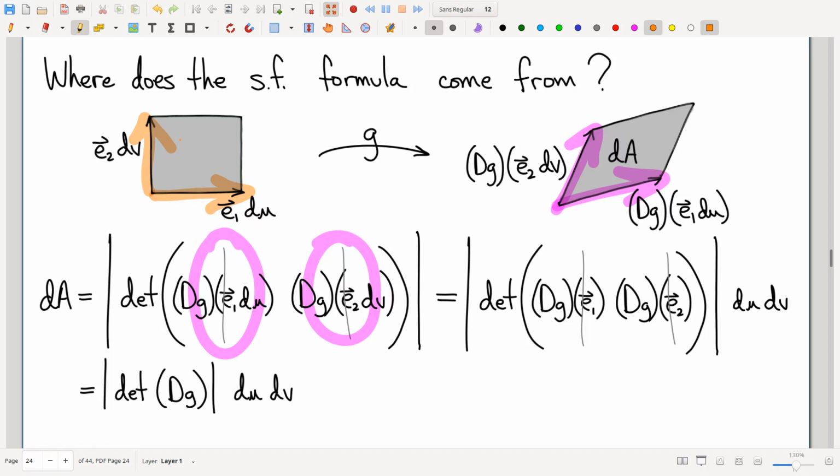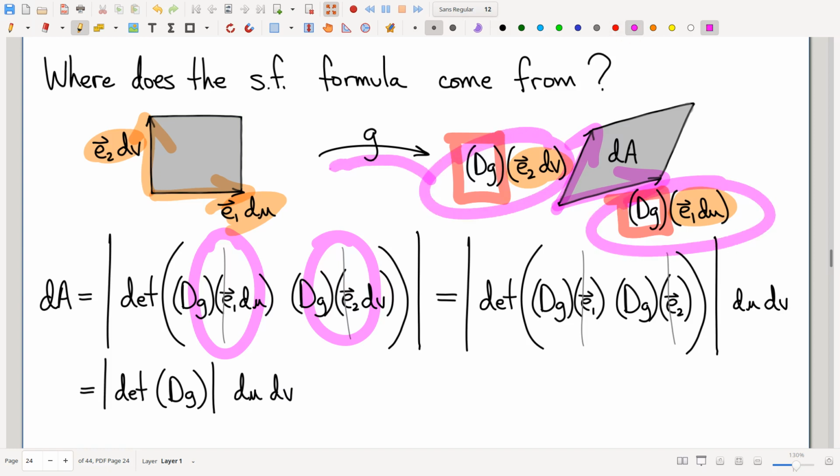I turn input changes into output changes by multiplying by the derivative matrix. This dg, the derivative matrix, is what turns input vectors into output vectors. And thus we have that this and that are the formulas for what we've already argued need to be the columns in that matrix.